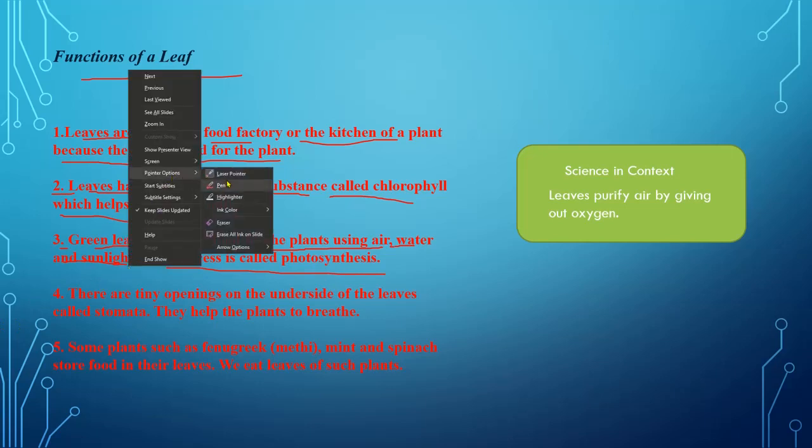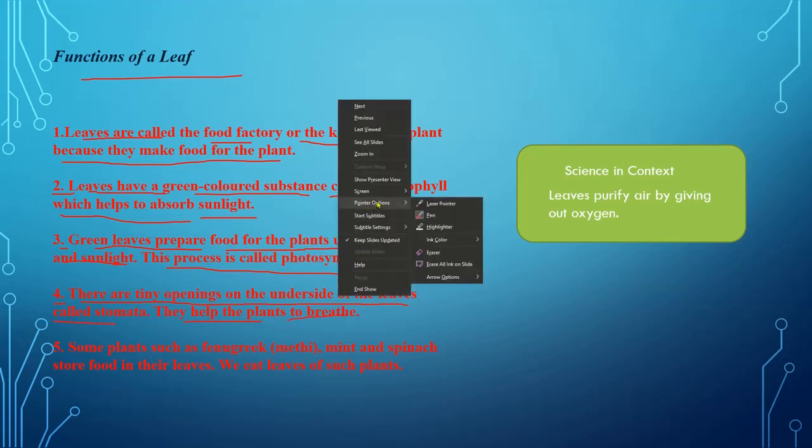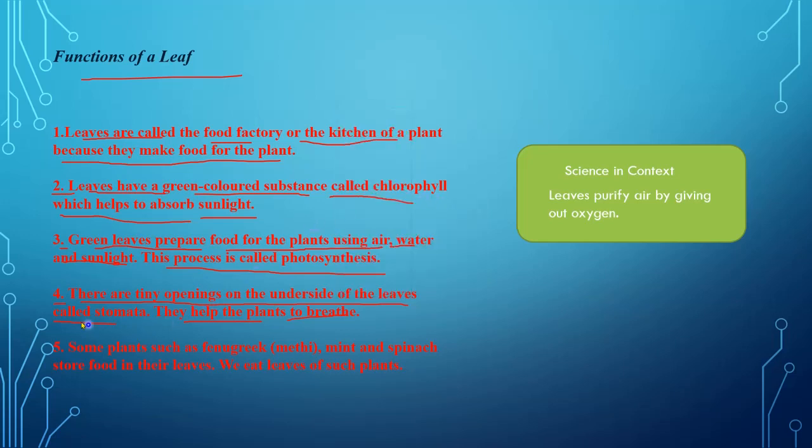Let us read the fourth point. There are tiny openings on the underside of the leaves called stomata. They help the plants to breathe, as I explained. Stomata also help the plant in making food.